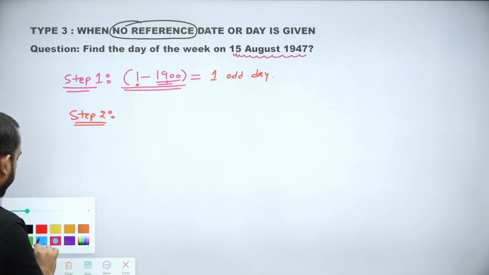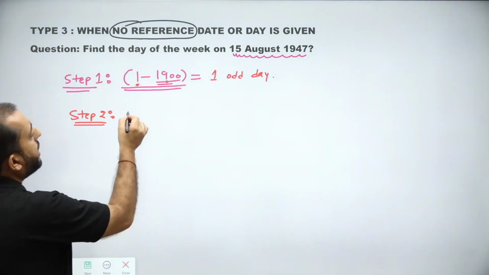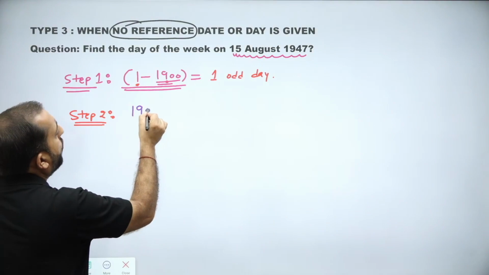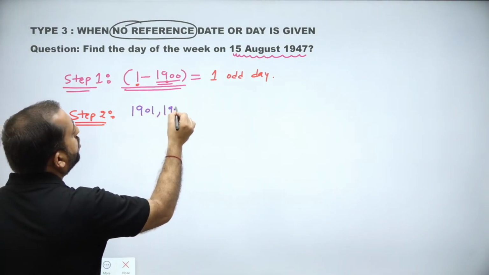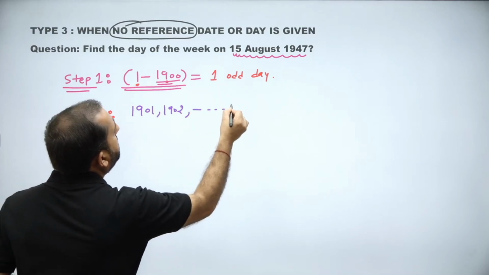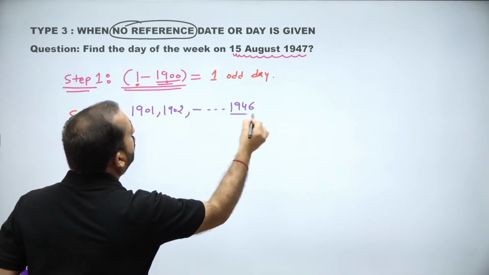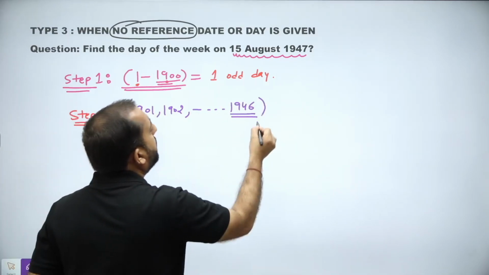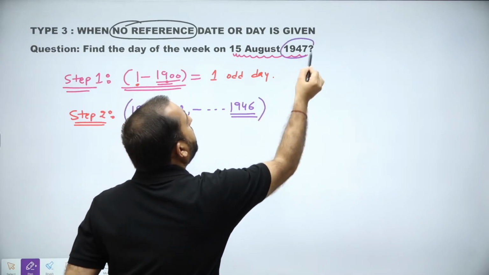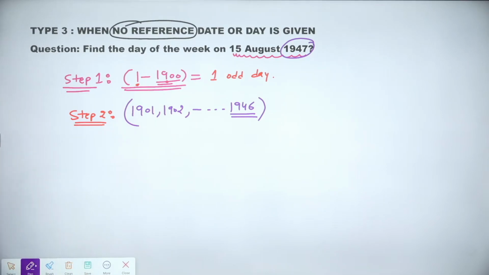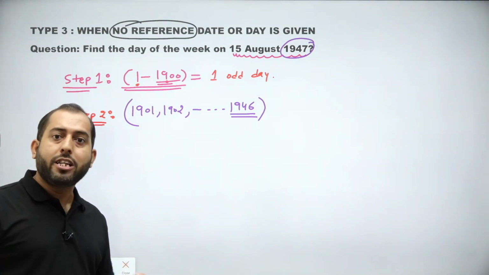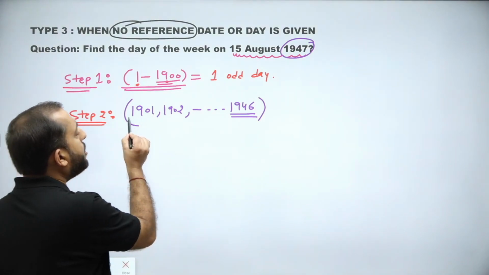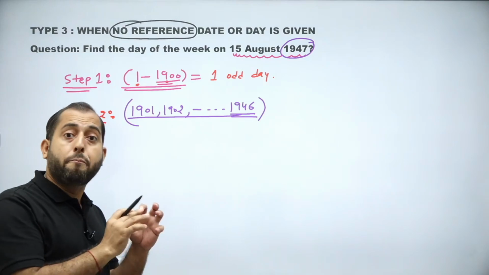After 1900, 1901 is complete, 1902 is complete. We will go till 1946, because the year 1947 is not completed.